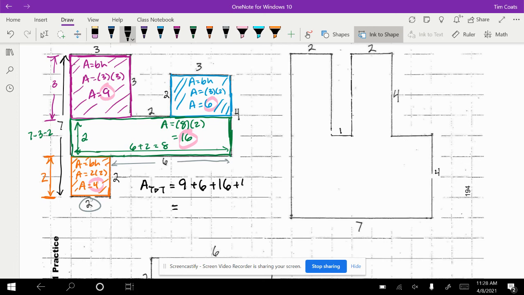Excuse me, this was a 4 here on the bottom from the orange one. Using those, we end up with a total of 35. The area total is 35 units squared. And if we just want to recap where this came from, the 4 came from my orange, the 16 from the green, the 6 was from the blue, and the 9 was from the purple.